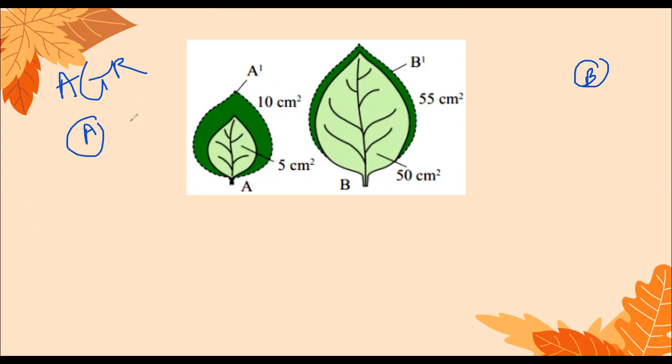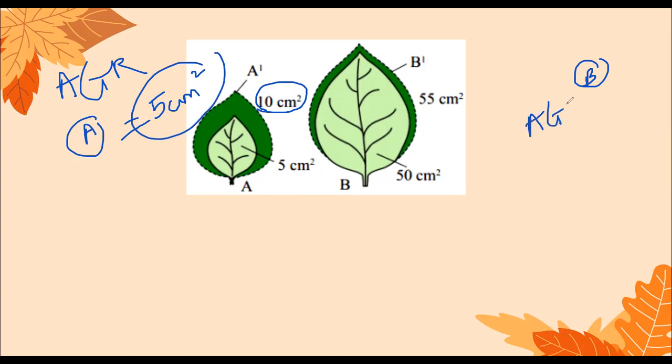So here the AGR is how much in leaf A? From 5 centimeter square it has grown to 10 centimeter square, where centimeter square means the area. So how much increase has taken place? 5 centimeter square. In B, what is the absolute growth rate?